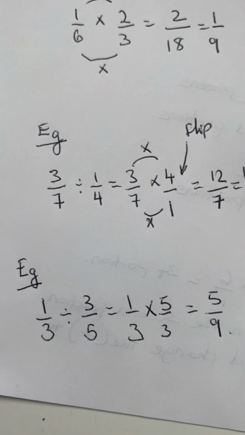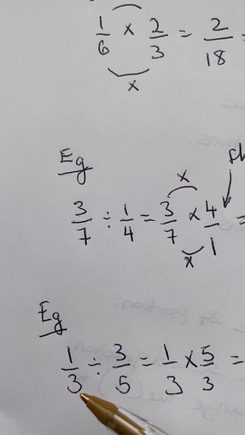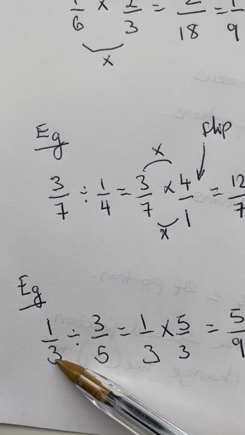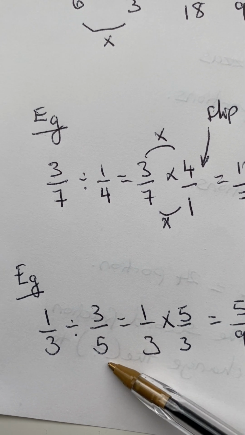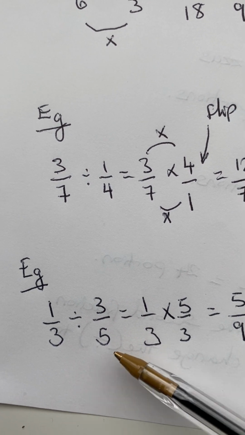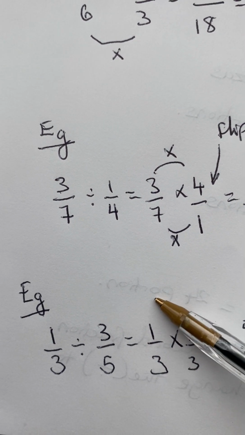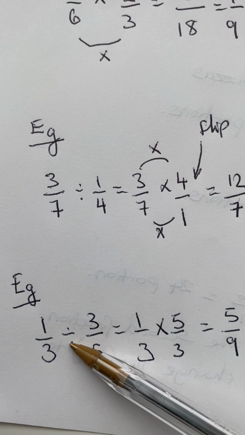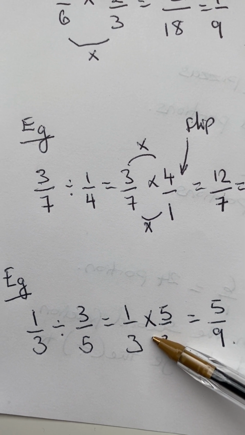Let's look at the next example. So here, 1 over 3 divided by 3 over 5. Okay, so 1 over 3, we do not do anything to the first fraction. Now we change the division sign to a multiplication sign.